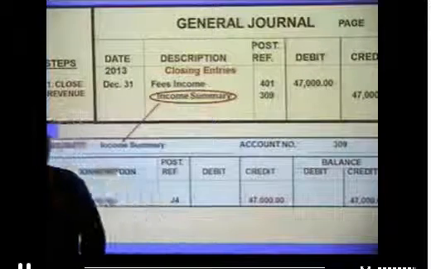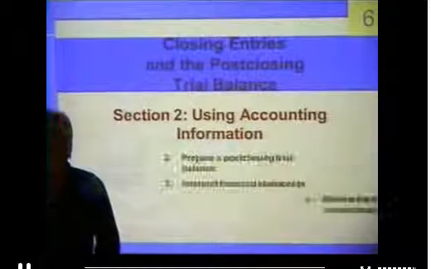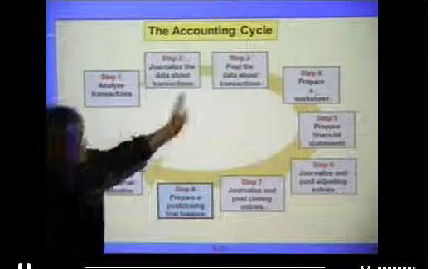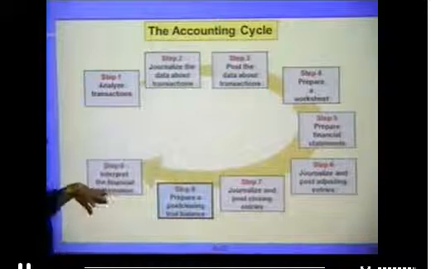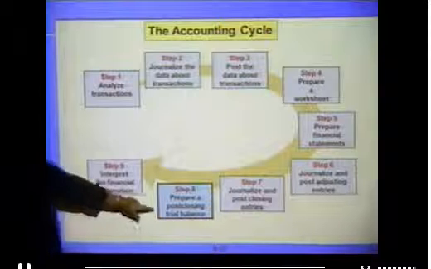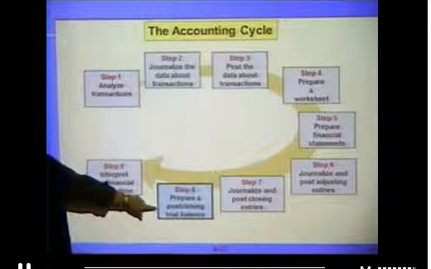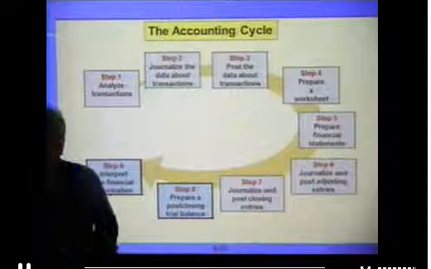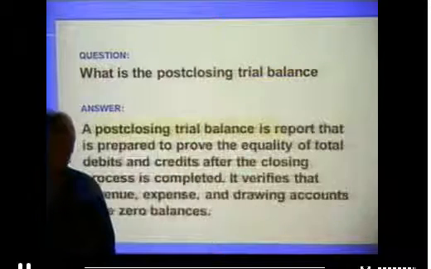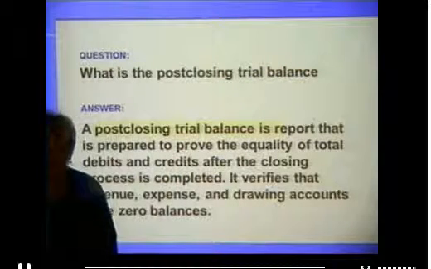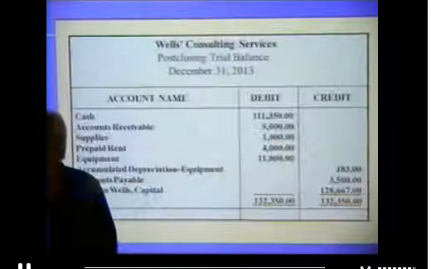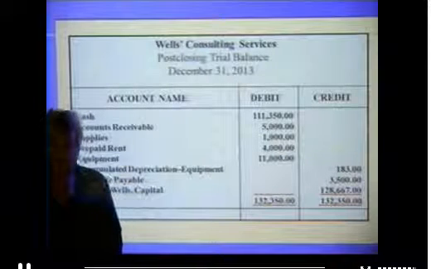Now, as we go on, the next thing you do in this chapter, is here's our cycle, which we have completed now, except for preparing the post-closing trial balance, which is just another trial balance. And what that trial balance shows you is that everything's been done and that all your temporary accounts are closed, and you should only have open just the accounts that have a balance.